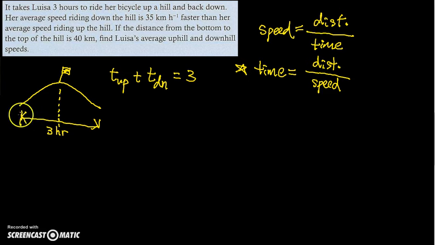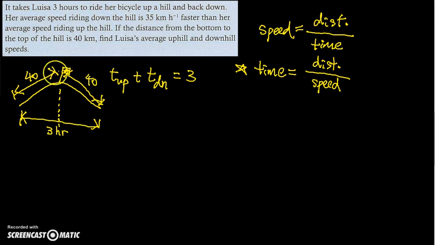From the bottom all the way up to the top, that is 40. Likewise, from the top to the bottom would also be 40, assuming this is a perfectly symmetrical mountain.